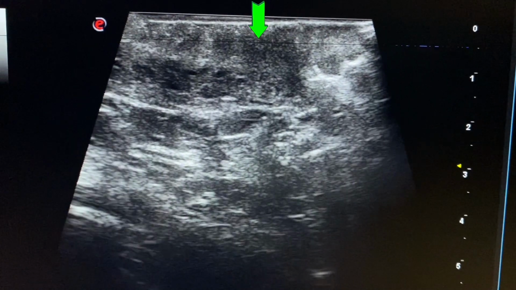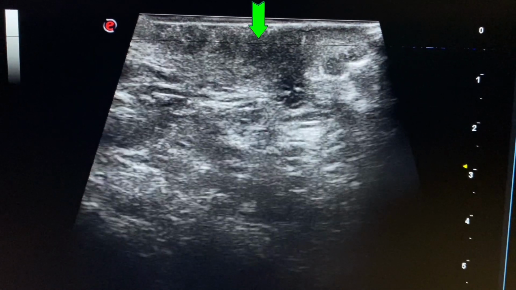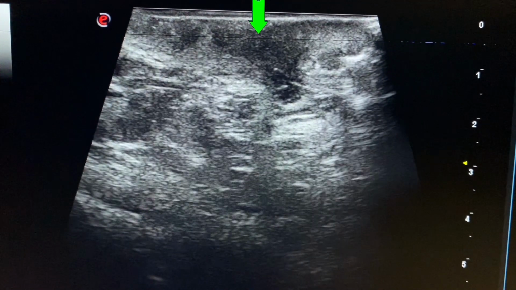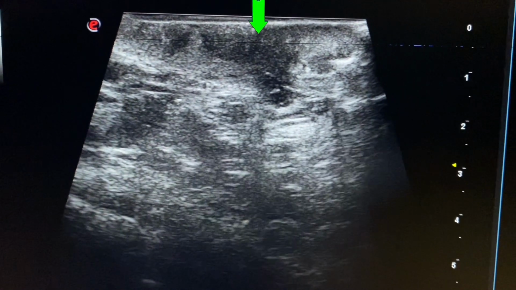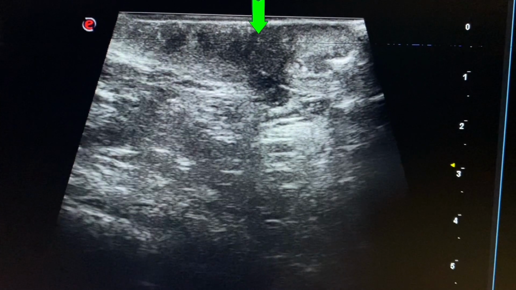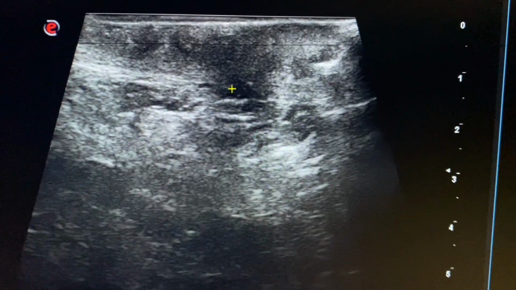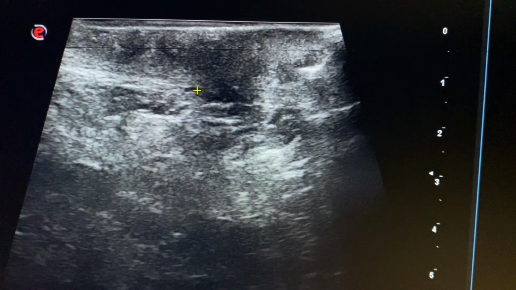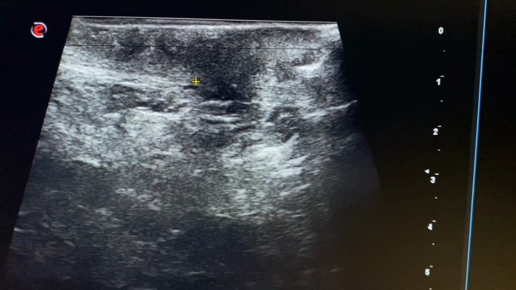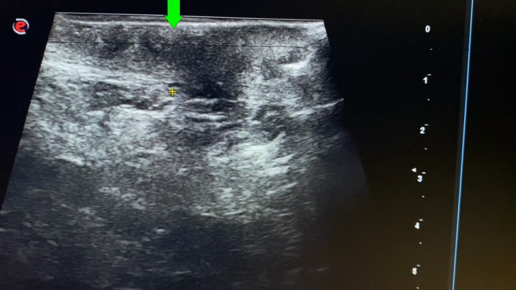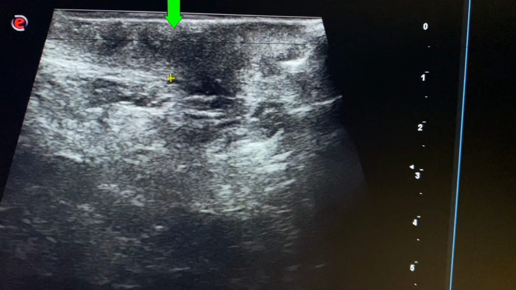Here we see the scrotal skin, which also contains debris fluid and is inflamed. Now we also measure the scrotal skin.